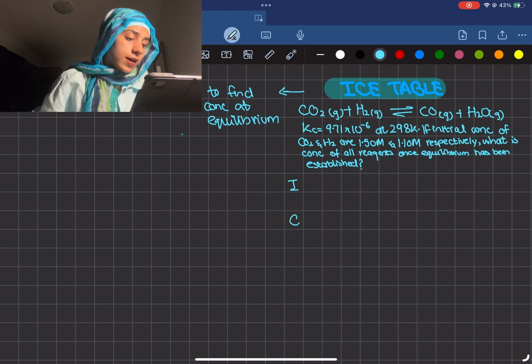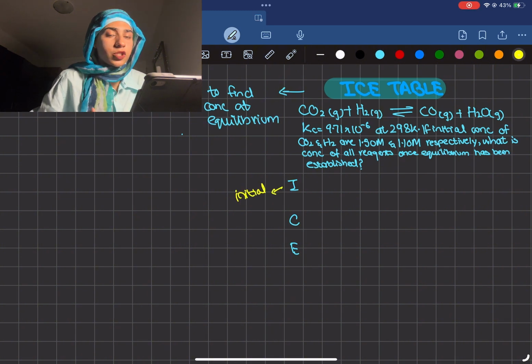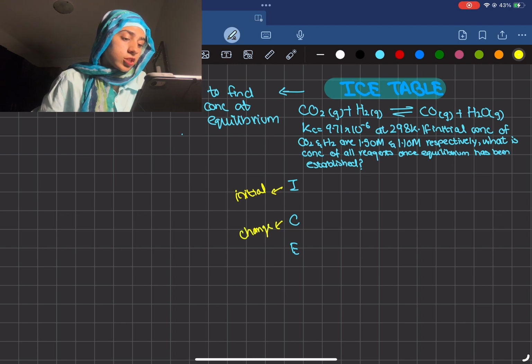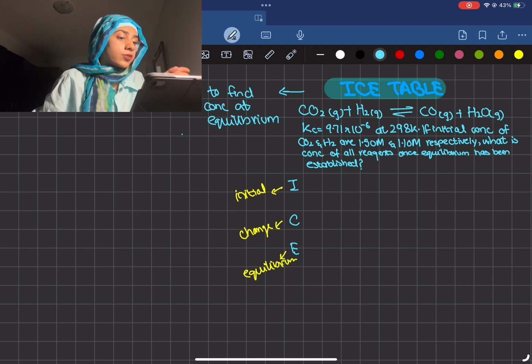I stands for initial, so initial pressure and initial concentration. C is the change, and E is equilibrium, so concentration at equilibrium, pressure at equilibrium. Over here, it's concentration because it's Kc.